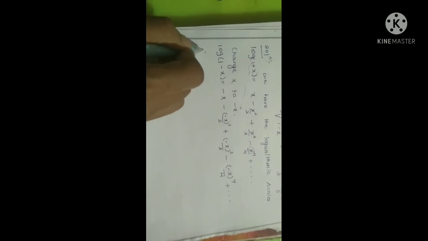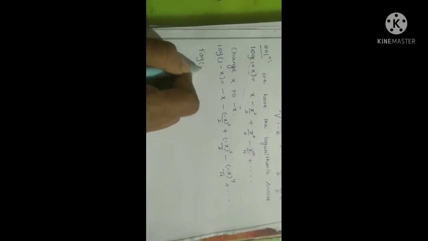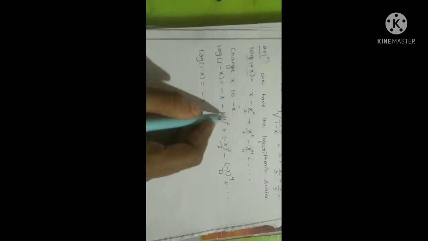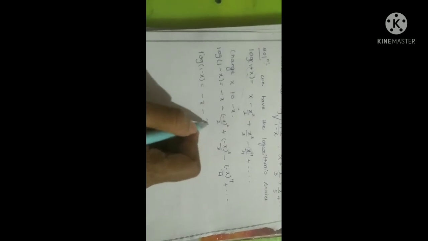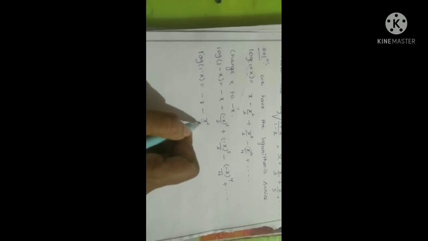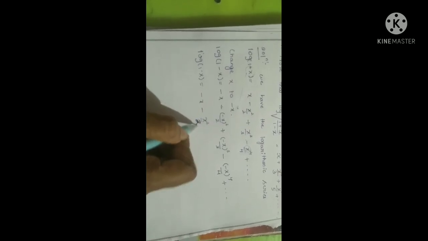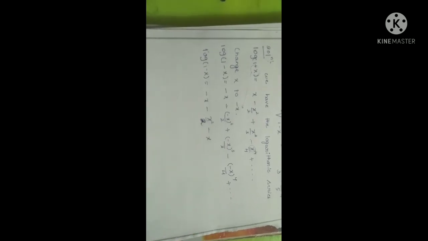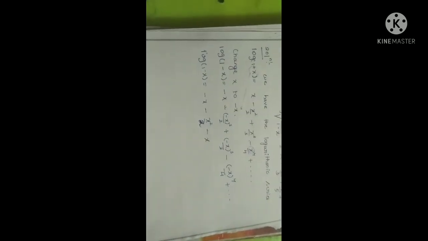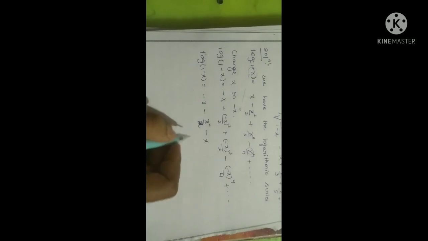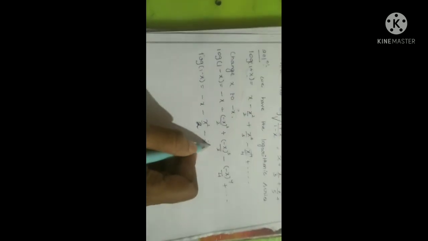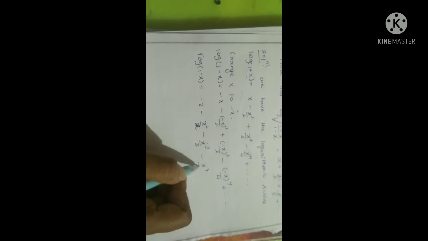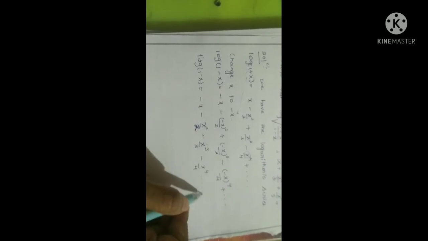Then log of 1 minus x, solving this: minus x, minus sign as it is, minus x whole square is x square by 2, minus x cube by 3, because when you multiply the minus sign by an odd power you get minus, minus x to the power of 4 by 4 and so on.